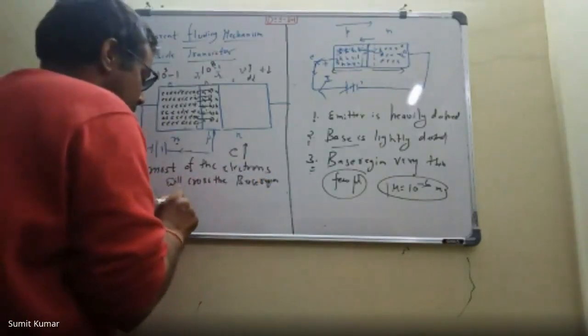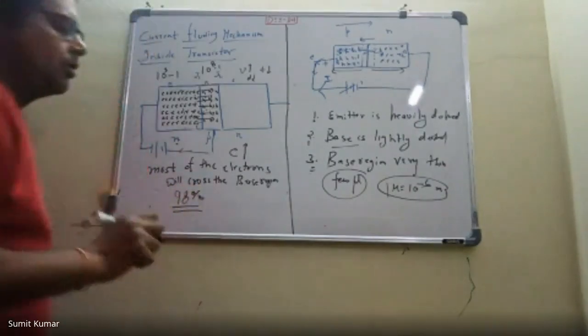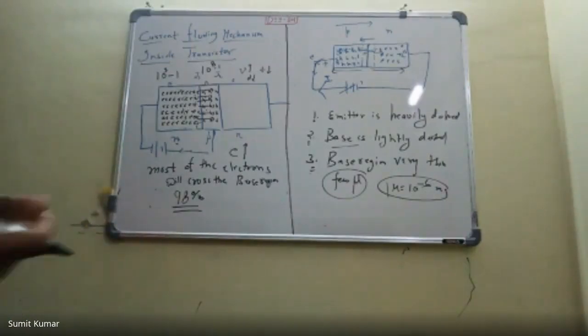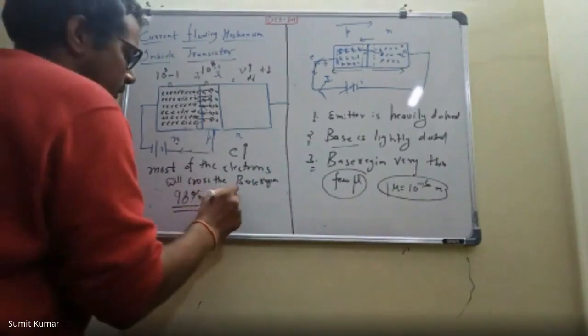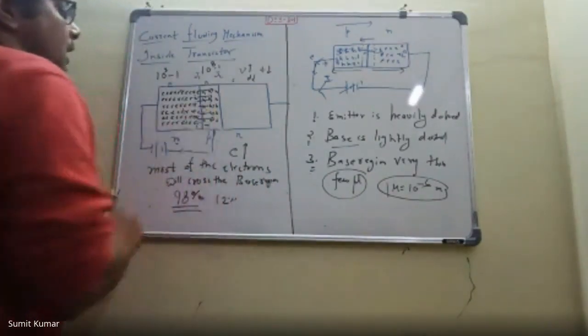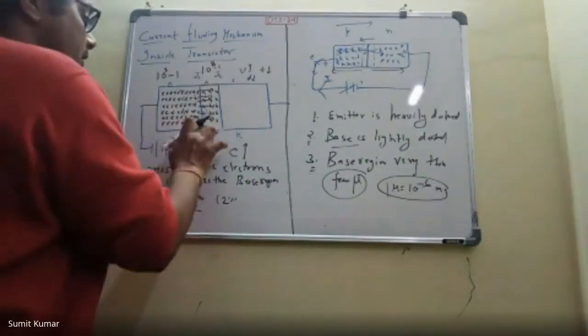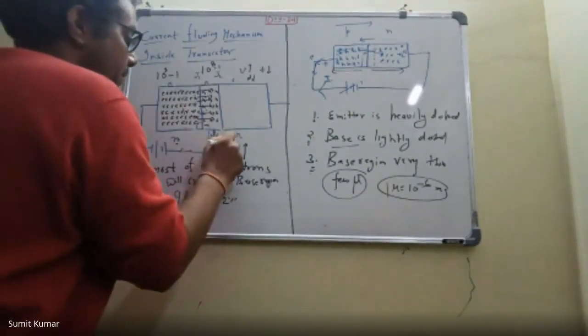It's like more than 98% of the electrons will cross the base region, and very few, like 2% of the electrons, will recombine. And if those electrons recombine, then what will happen? This PN junction is here. So those electrons will make the base current.